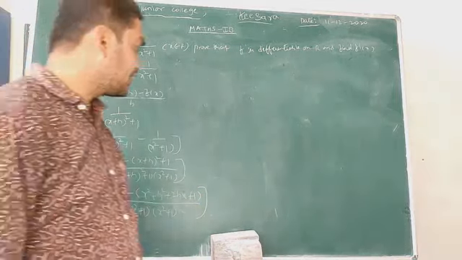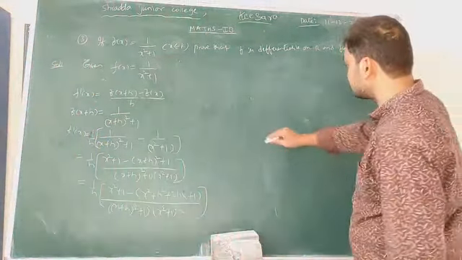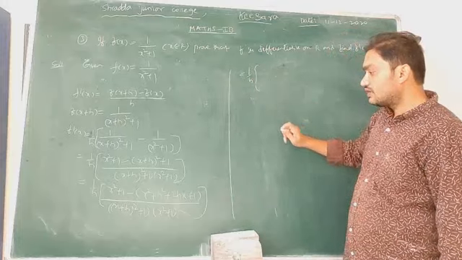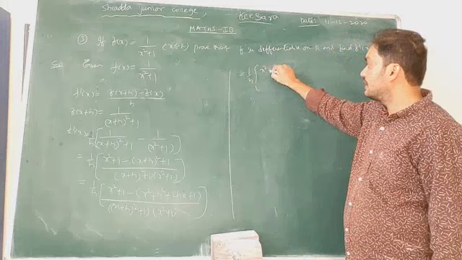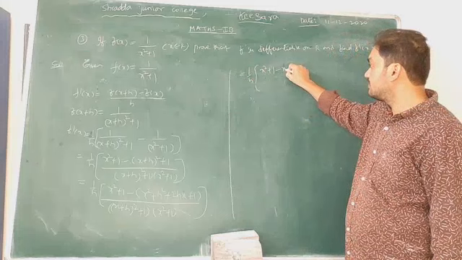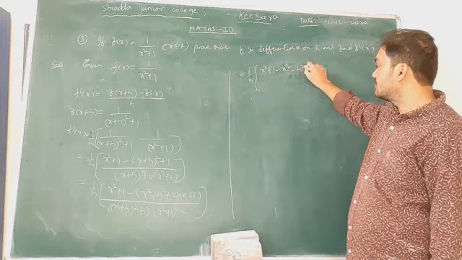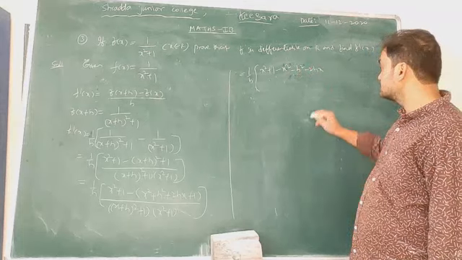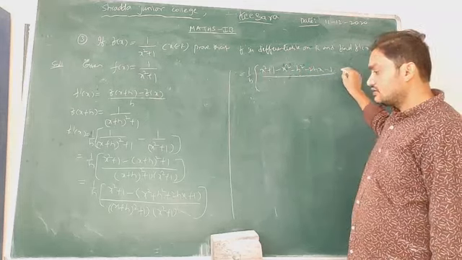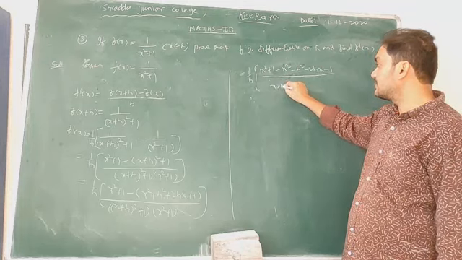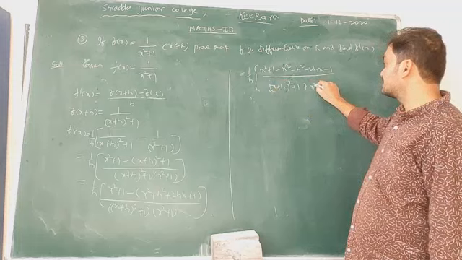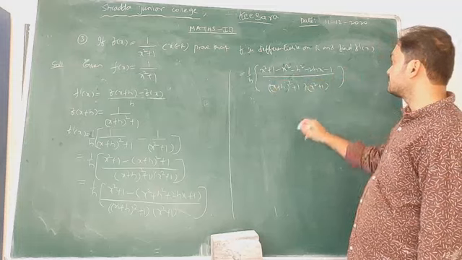See here, what we are getting here? One by h into x square plus 1 minus x square minus h square minus 2hx minus 1 by x plus h whole square plus 1 into x square plus 1.